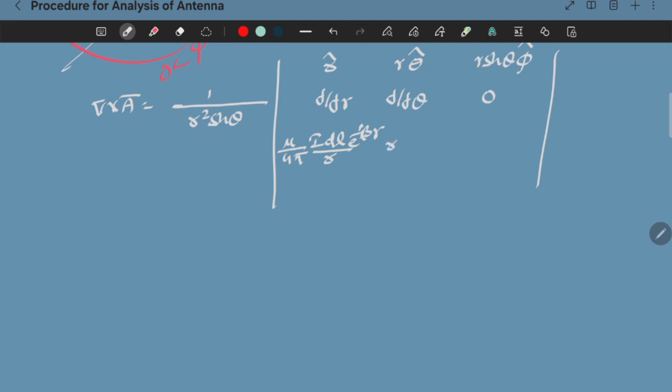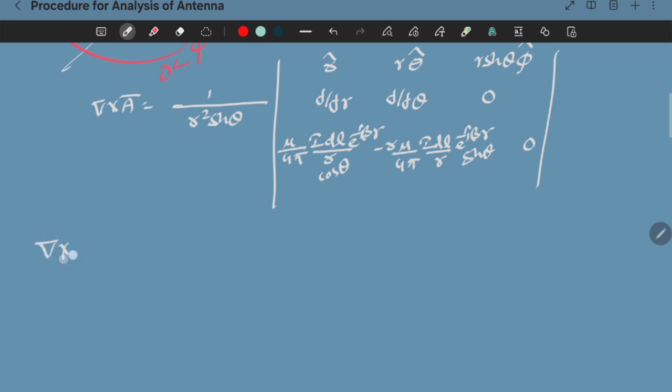So r first I am writing, then aθ is minus μ/4π · Idl/r · e^(-jβr) into sinθ, and here you will get cosθ extra, and this is equal to 0.